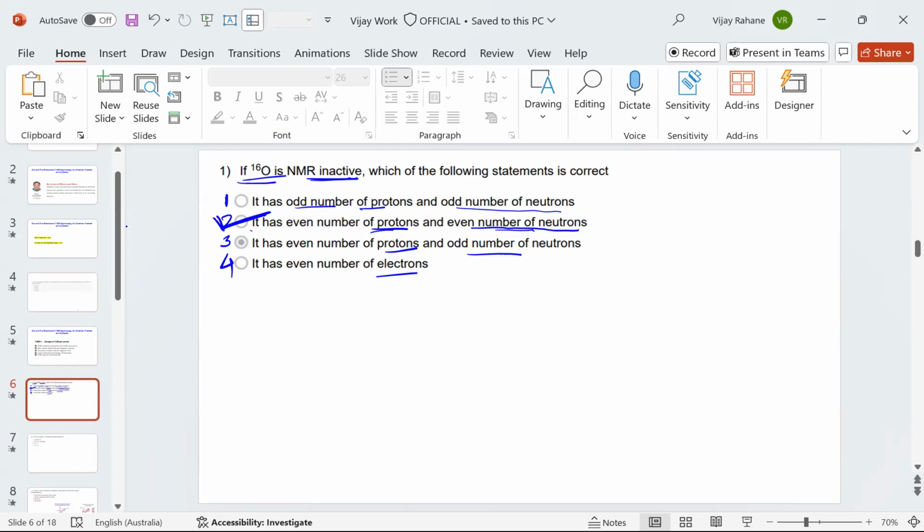So the fourth option is incorrect. The third option is also incorrect, because it mentions odd number of neutrons, so it should be active. Electrons don't have anything to do with NMR spectroscopy.